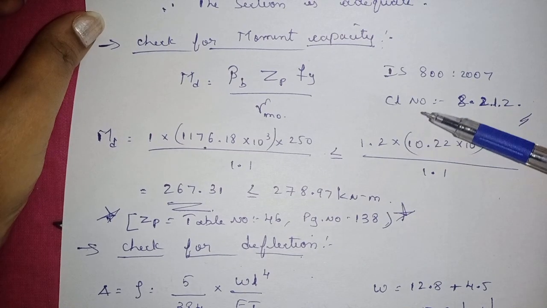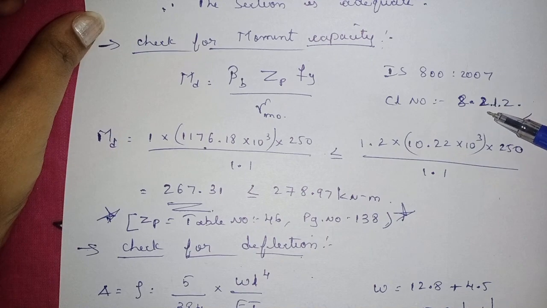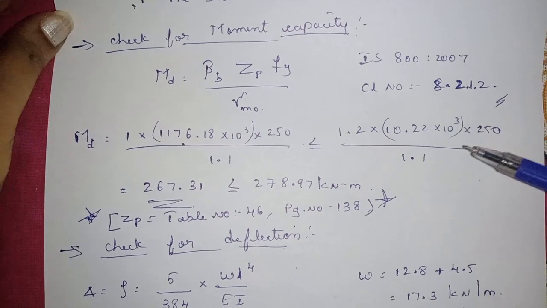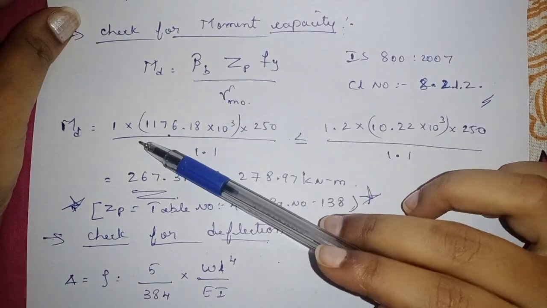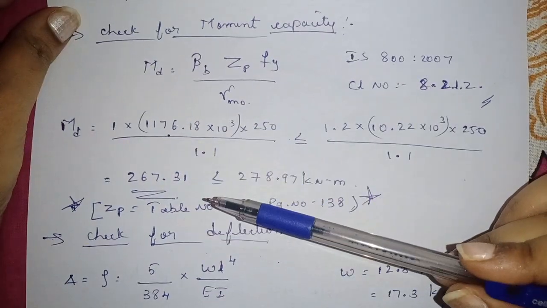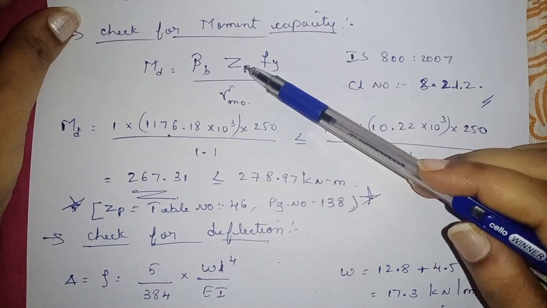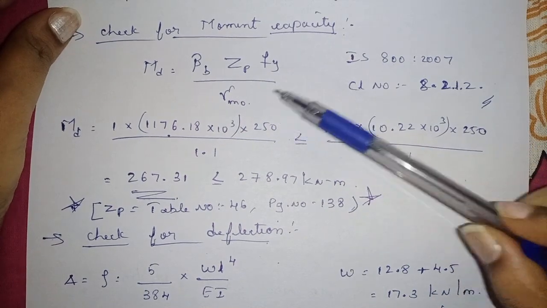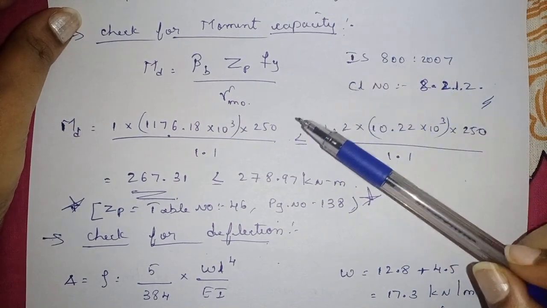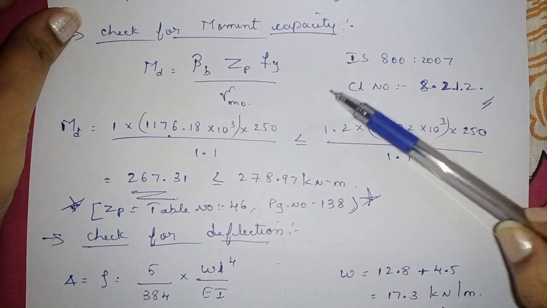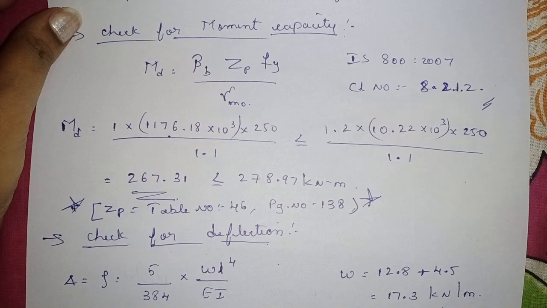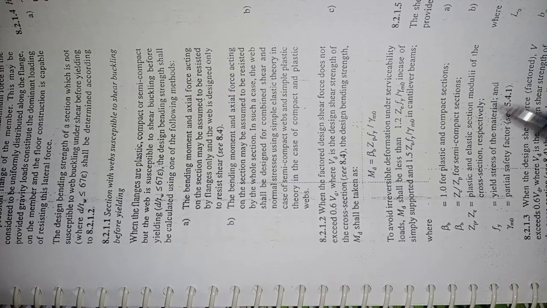Now see here, I have taken clause 8.2.1.2. In this, how do you calculate it? Beta b is 1, it is in the clause itself. To calculate, you need Zp and Ze. You have two things: one is the plastic section modulus, another is the elastic section modulus.